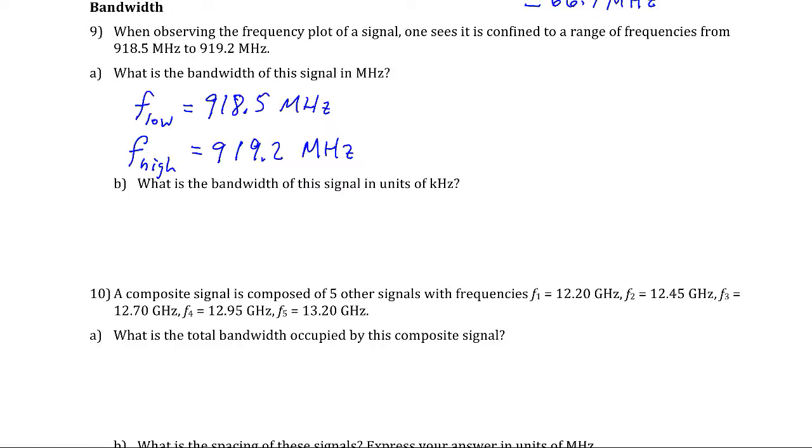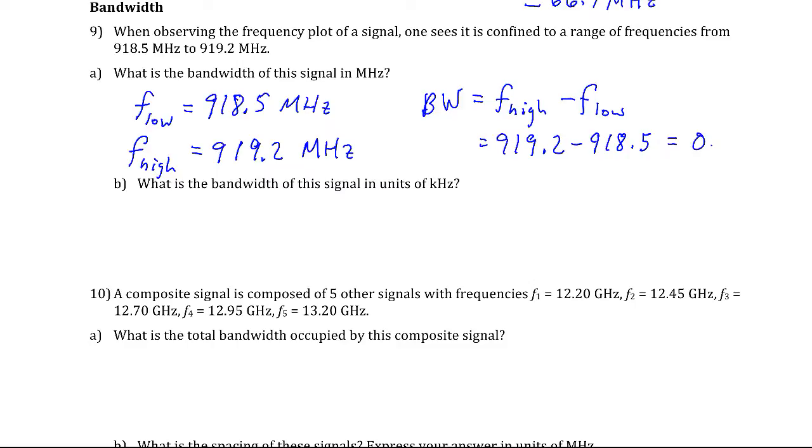I can write bandwidth is equal to F high minus F low. And I get 919.2 minus 918.5, and this gives me 0.7 megahertz.